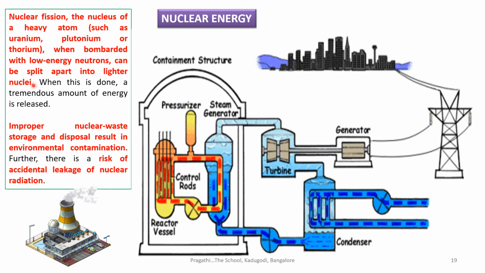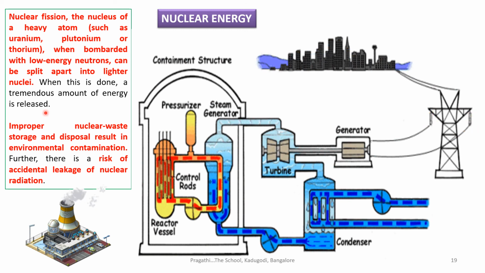The big ball becomes smaller balls. When this is done, a tremendous amount of energy is released. When it splits, when it separates, a high amount of energy is released. That high amount of energy is used in, you can see here, this nuclear power plant.